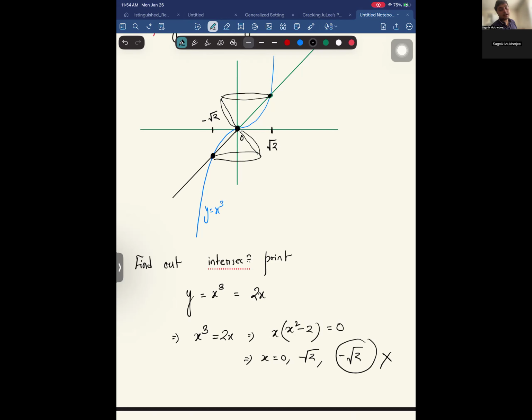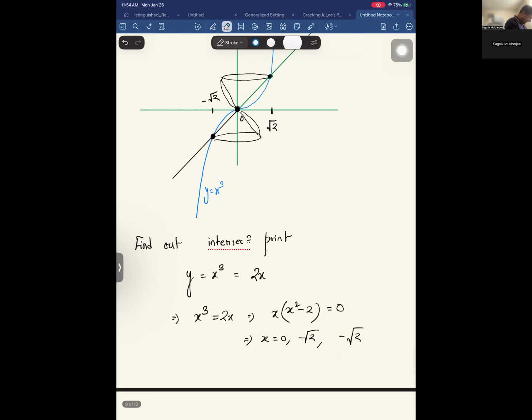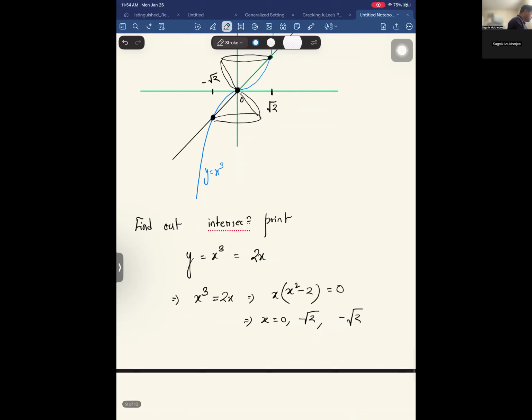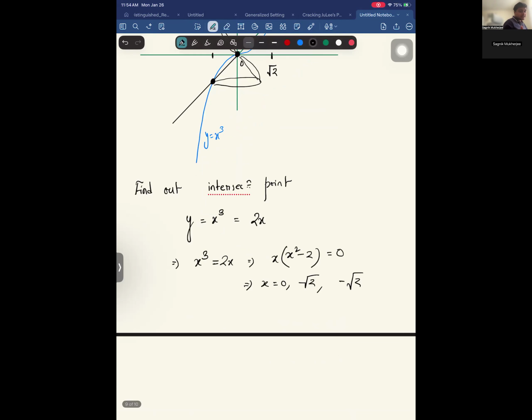So what you will get is a cup, right? So disregard my comment about disregarding negative root 2.